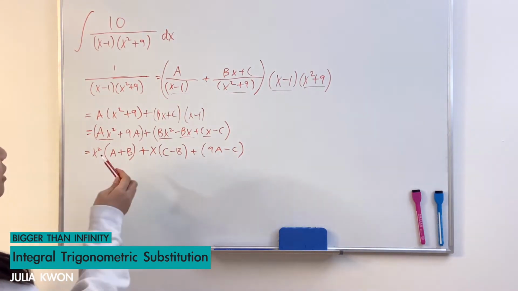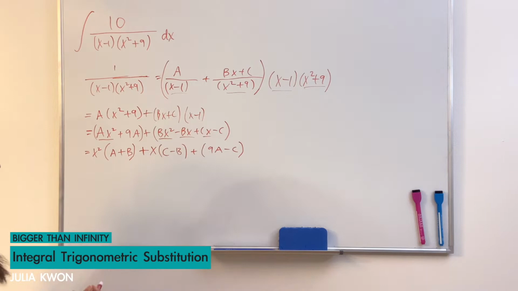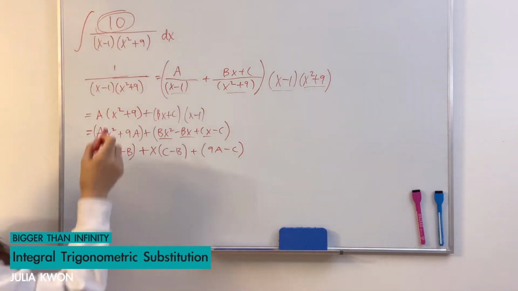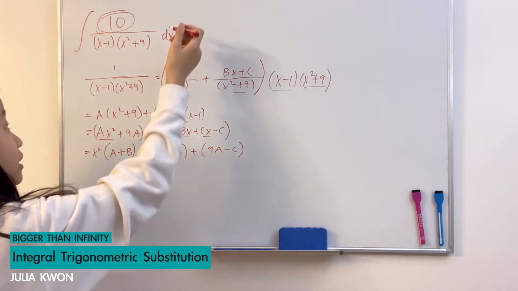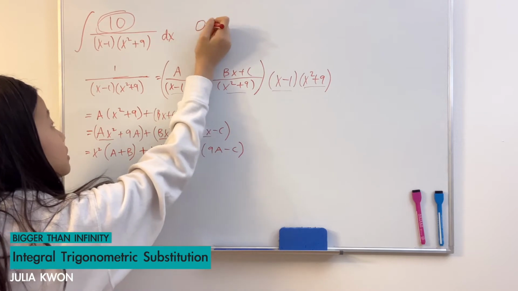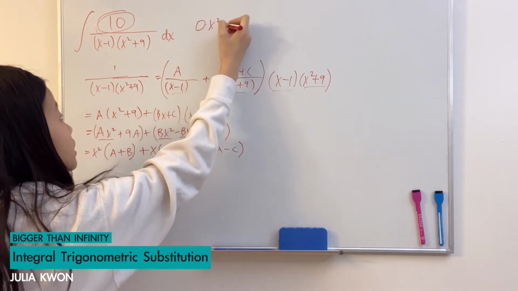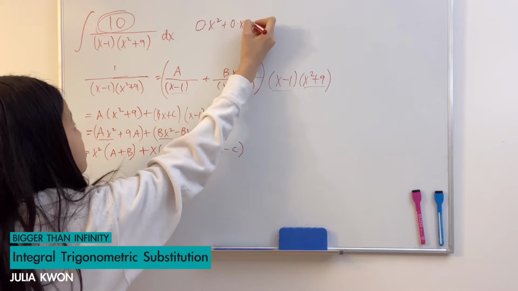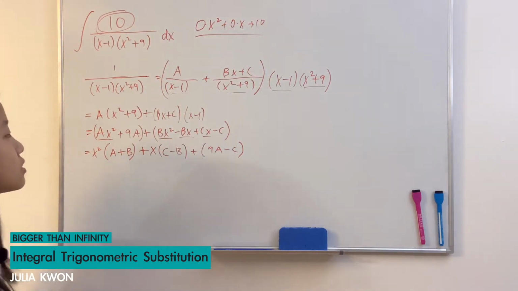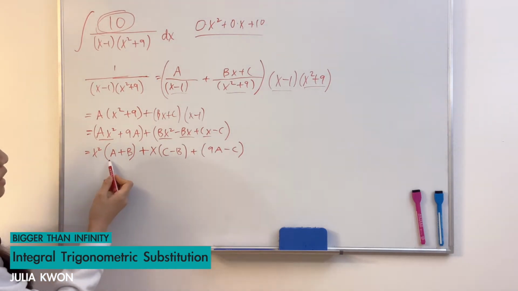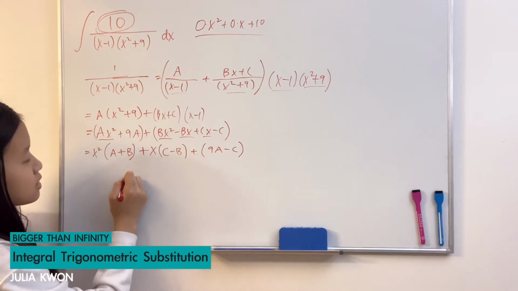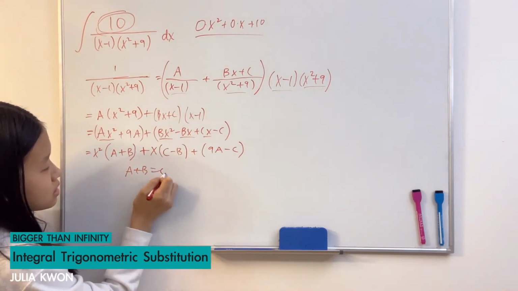To find the values of A, B, and C, we're going to use the 10 in the numerator here. We can imagine the numerator as 0 times x² plus 0 times x plus 10. These two are basically the same. So here we have x² times (A + B) instead of 0 times x², so that tells us that A + B is equal to 0.